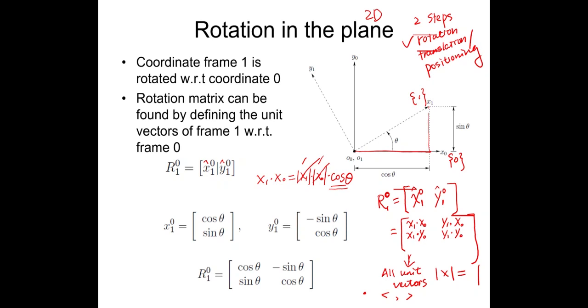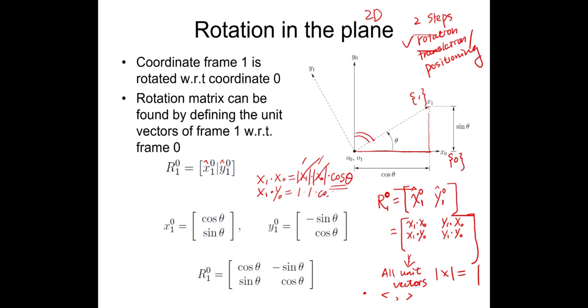The next term is x1 dot product y0. Here I have my x1, and here I have my y0. Again, the length of x1 is 1, and the length of y0 is 1. So to calculate the dot product, we have to consider this angle, so it's going to be cosine. So x1 dot product y0 is 1 times 1 times cosine of this angle.